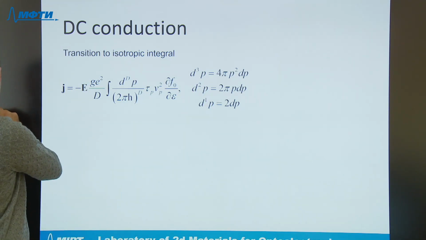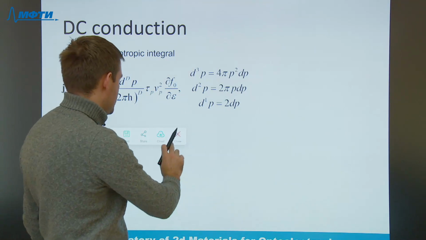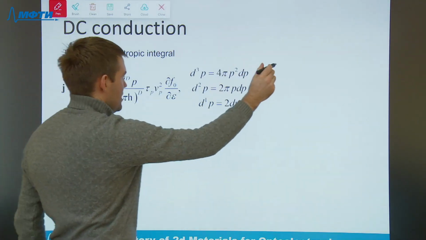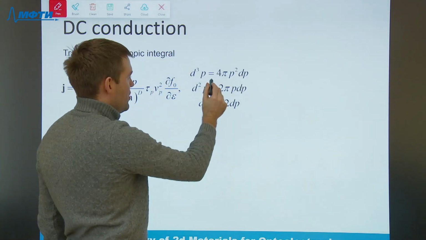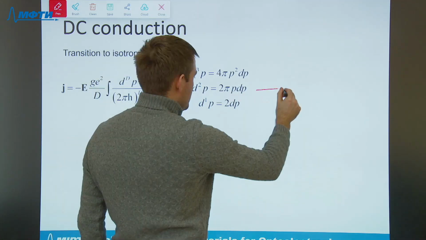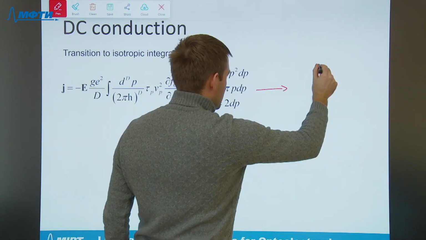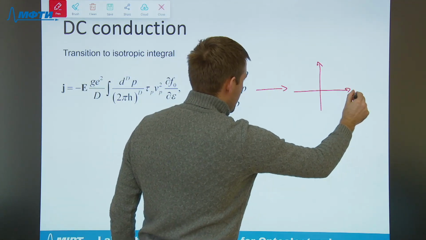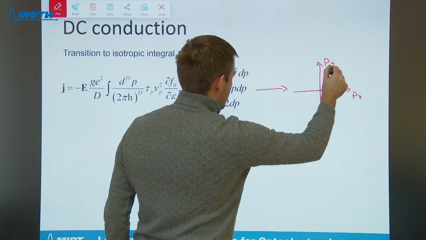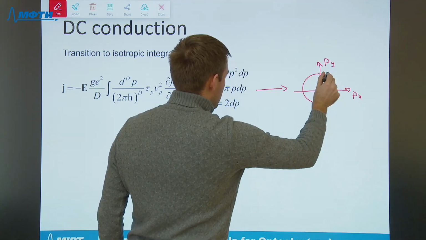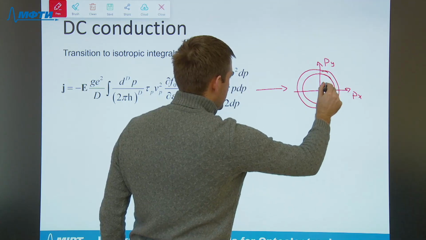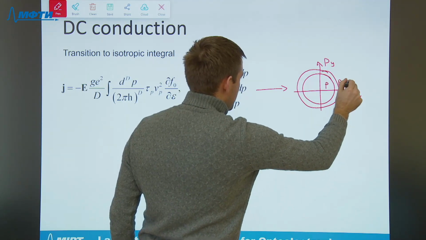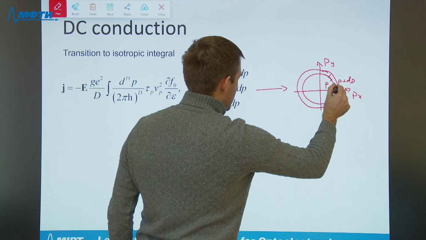So in 3 dimensions, it is just a volume of the spherical shell. In 2 dimensions, it is equivalent to the area of the ring, which is located between momentum and momentum plus delta momentum.